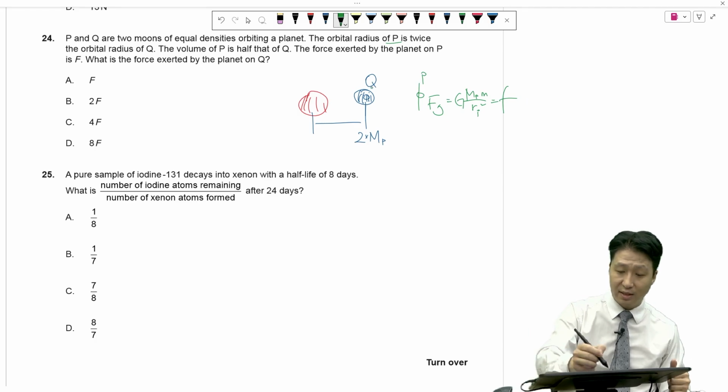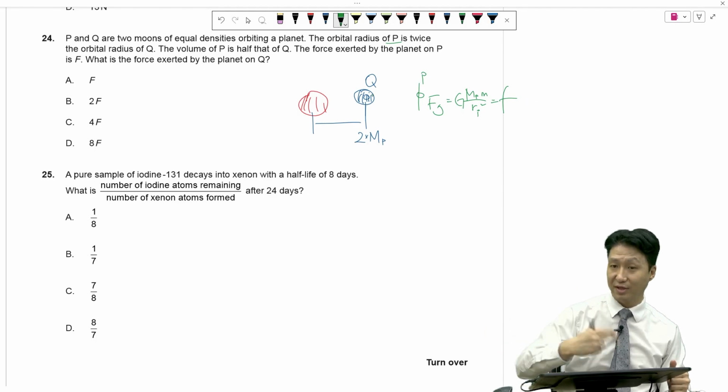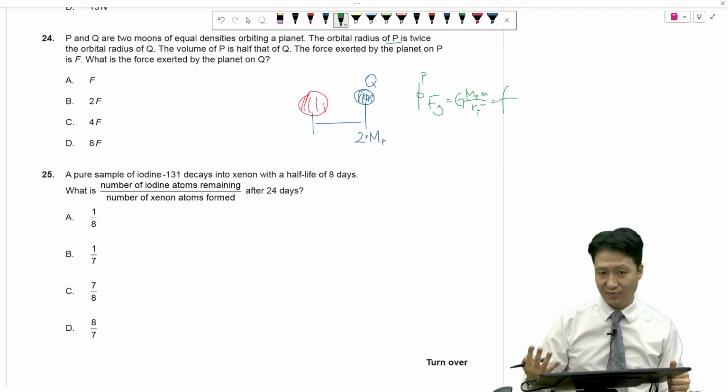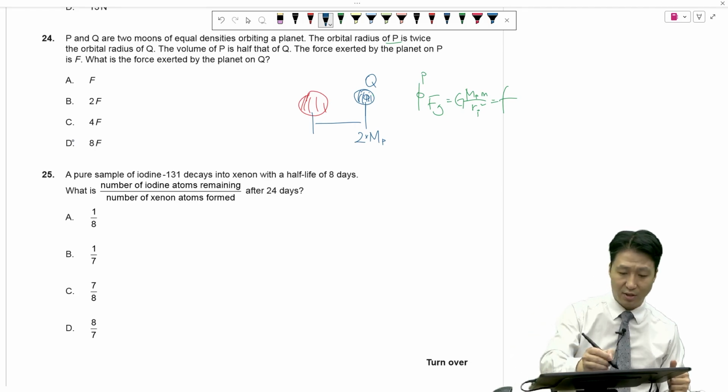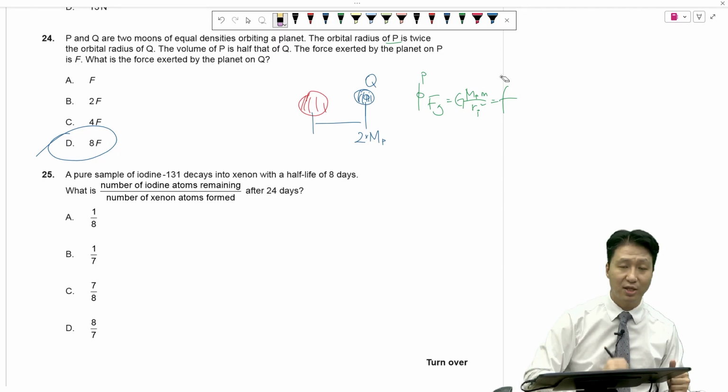So here's what happens. Q, 2 times the mass, 2 times the force. 1/2 the distance, it's 4 times the force. So the answer should be D. If you have half the distance, you have 4 times the force, and it's twice the mass, so it's twice the force as well.